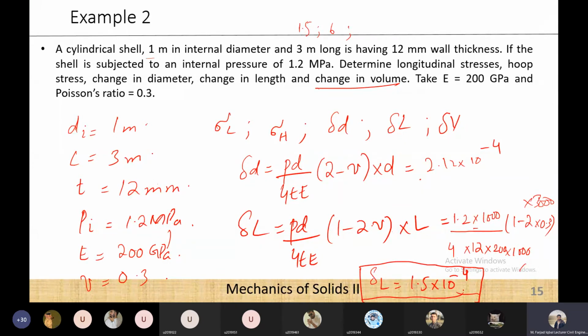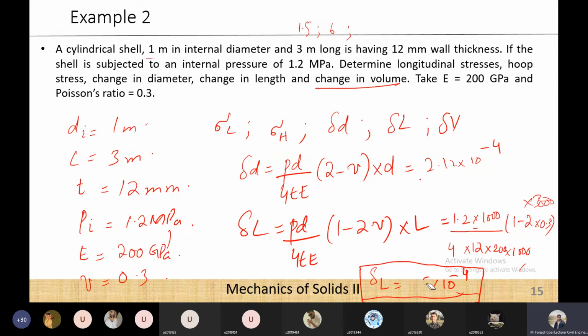And this change in length, the unit for this one will be... I have written this answer; you will get it when you substitute everything in meters.